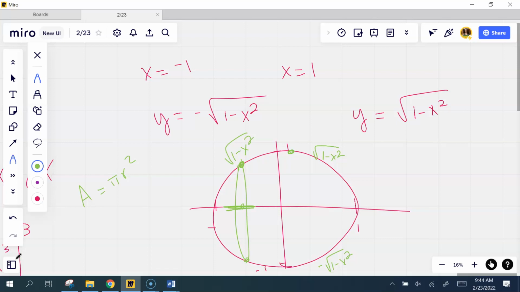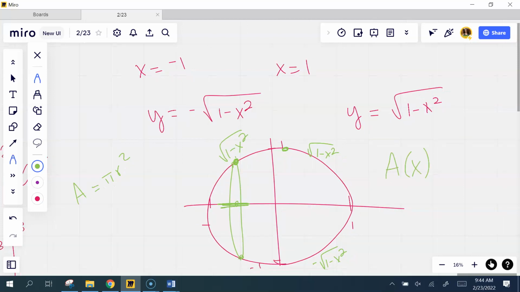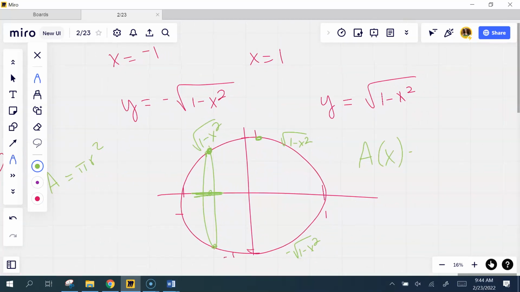Okay, so the area in terms of x of one single cross section would be pi r squared.